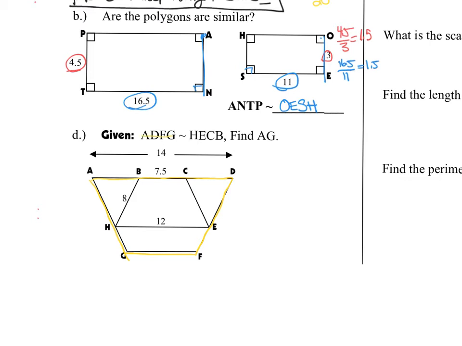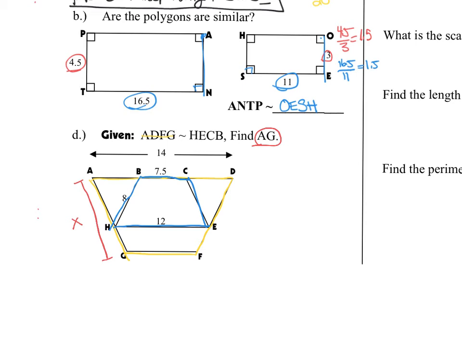And then we are told it is similar to HECB. And we are wanting to find AG. And so AG is over here. This is what we're wanting to find. This is our unknown.